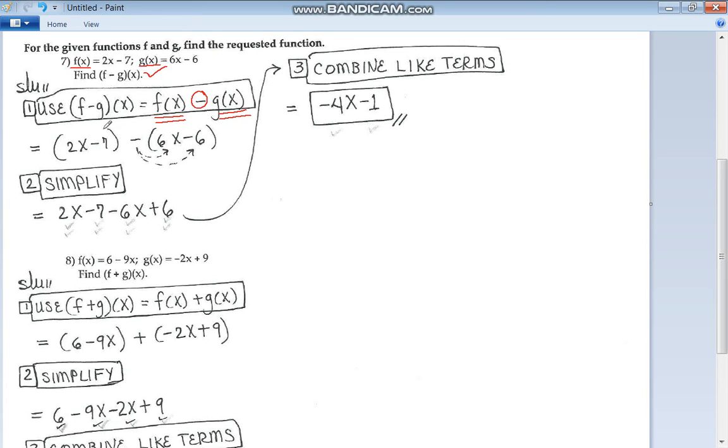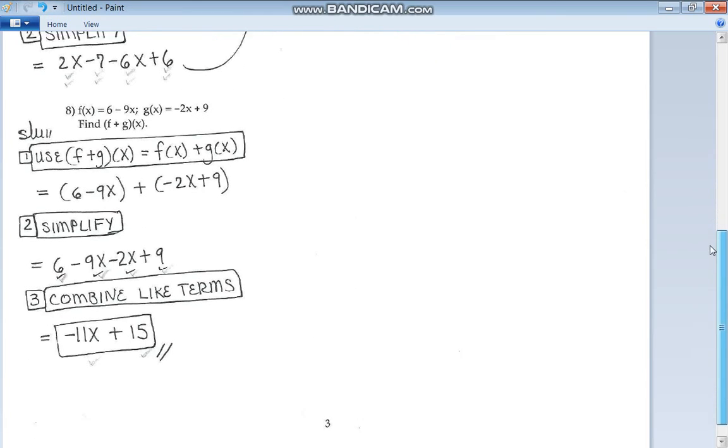So using those definitions for f and g, it's (2x minus 7), and then a minus sign, and (6x minus 6). Now you have to carefully distribute the negative sign, and you'll get 2x minus 7 minus 6x plus 6, because a double negative gives you a positive 6. Then you combine like terms for your final answer, negative 4x minus 1.